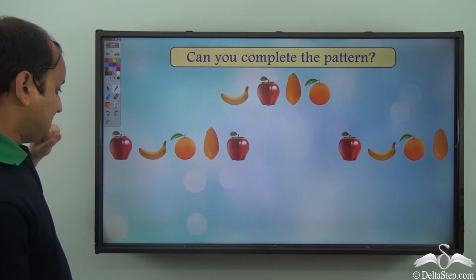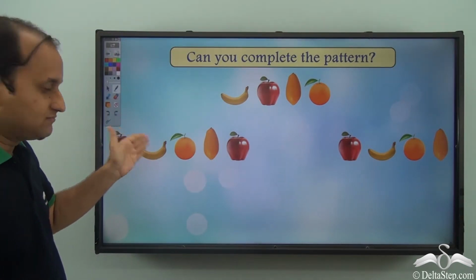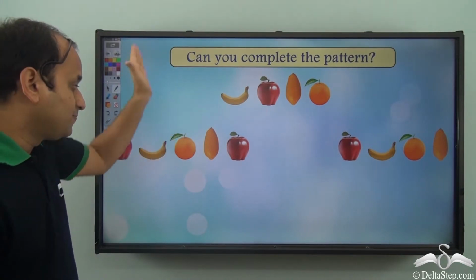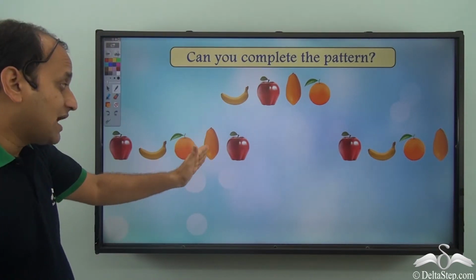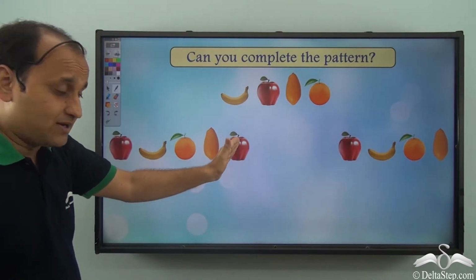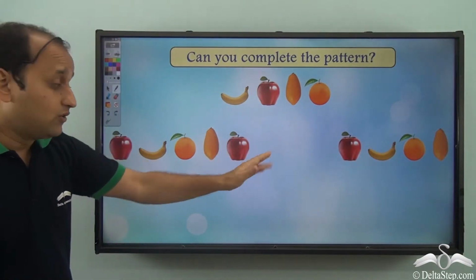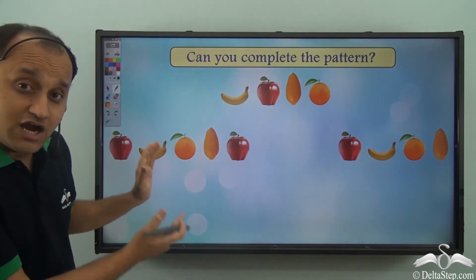So let's see, we have one apple, then a banana, it's not repeating, then an orange, not repeating again, then a papaya, not repeating till now, then we have an apple, but we don't have the other fruits. So if this is a unit of repeat or not, we can't be sure.